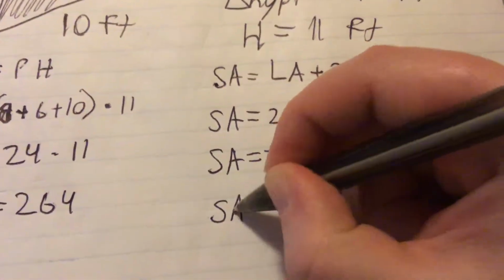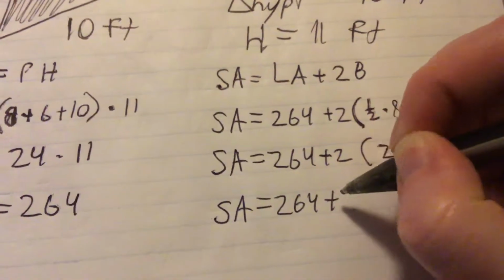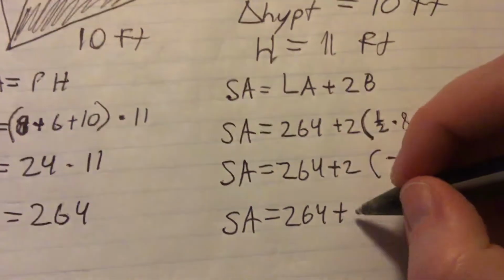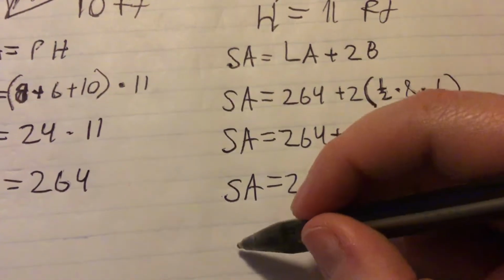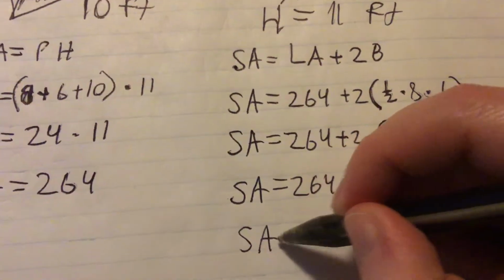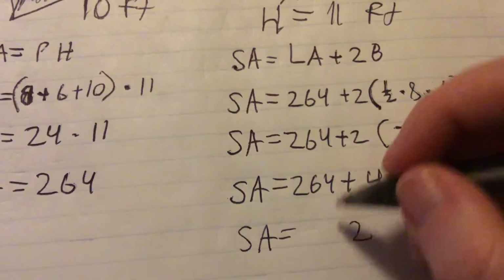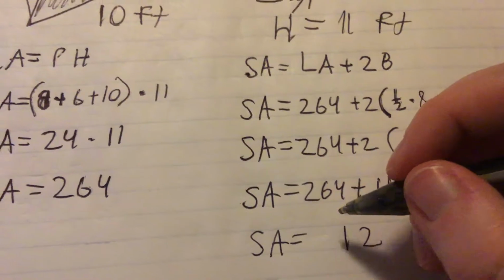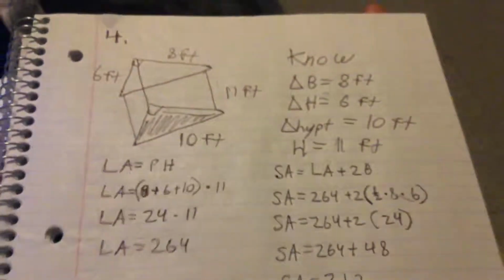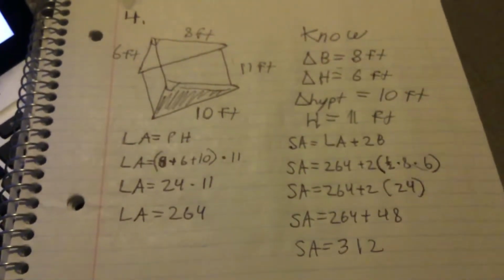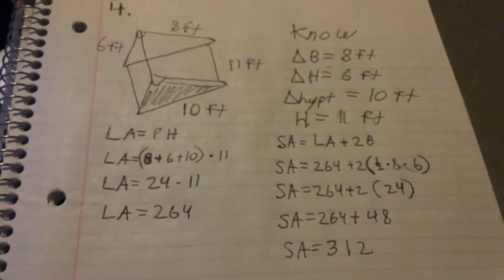So surface area equals 264 plus 48. Okay. Then your surface area equals, okay, that is 12, 1, that'll be 11, 312. Okay. All right. And so that is problem 4, which is your triangle.